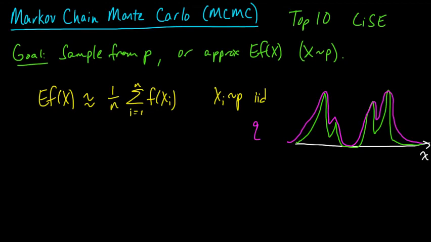So the intuition for Markov chain Monte Carlo, at least my intuition for it, is the following. This is just our notional very high dimensional space here. The intuition is that distributions like this P, the ones that we tend to be interested in, have some sort of structure. Maybe not very regular structure, but they tend to be connected spaces, sort of in a manifold in this high dimensional space.